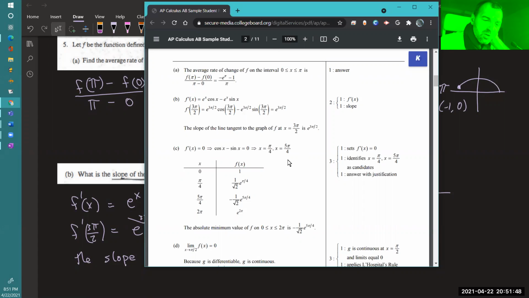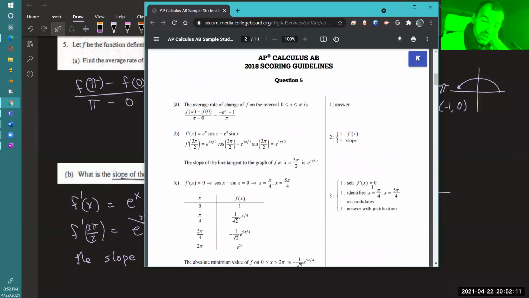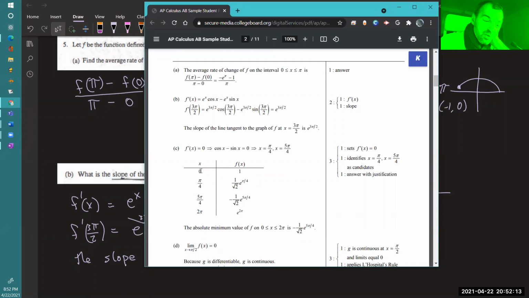Okay. Now, the other thing is don't forget, you also have to justify this by checking the endpoints. So you can't just check these two, all right? Because if you would have just checked these two and you would have written that and circled that, you would have gotten the right answer. But I believe you would have missed the justification section here because if you had forgotten to check also the endpoints of the interval, right?